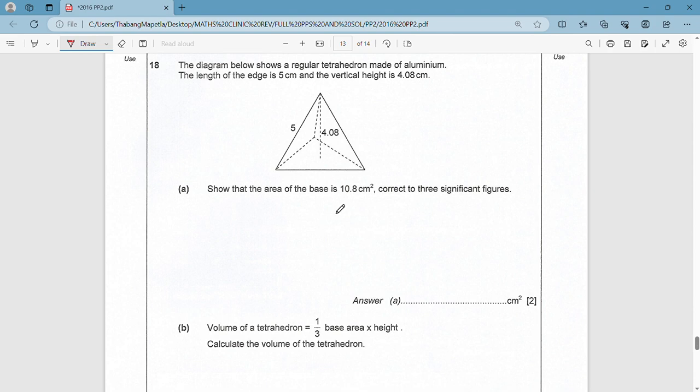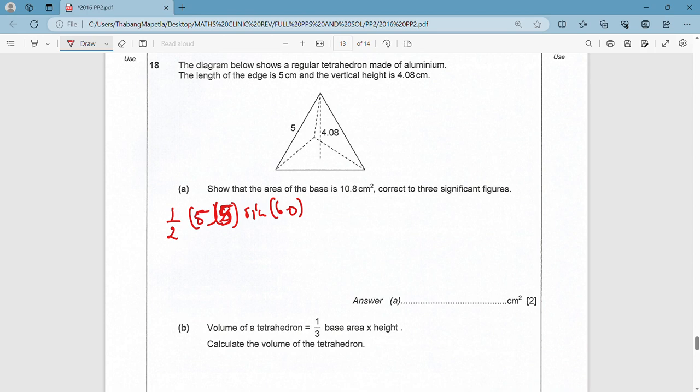The area of a triangle is half a b sine C. So a is 5, b is 5, times sine 60, so it's 25 over 2 times sine 60.